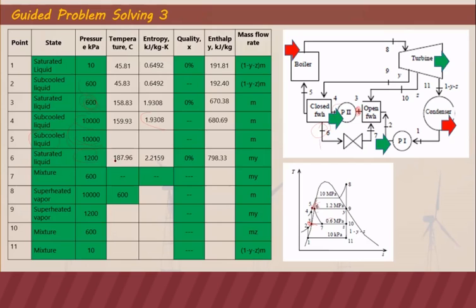One of our assumptions now is that the discharge of the closed feed water heater is at the same temperature. Therefore, the temperature at point 6 is the same as the temperature at point 5. So we can use this temperature and then use these two values to get all of the unknowns for point 5.